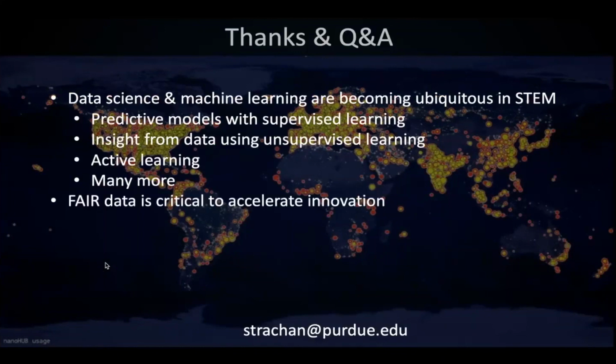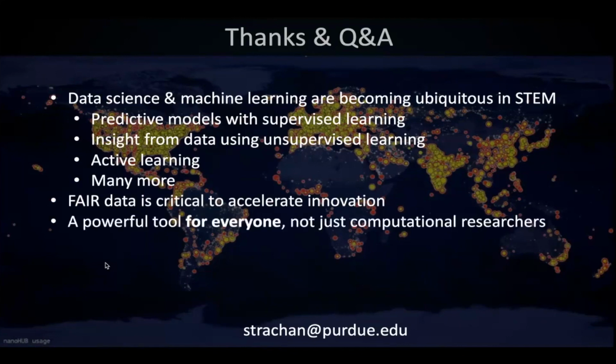FAIR data, making the workflows and the actual data that we need to use these types of tools findable, accessible, interoperable, and reusable, is critical to speed up innovation. So next students like Juan Carlos don't have to spend months combing through the literature. The data should be available electronically and discoverable. These are powerful tools for everyone, okay?